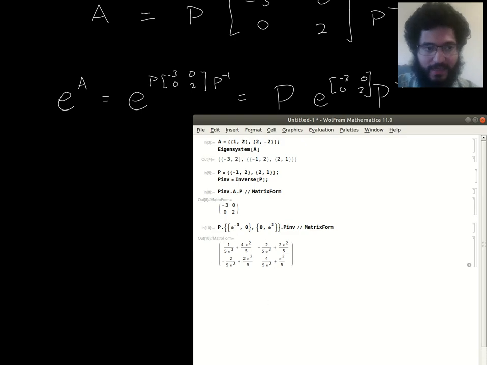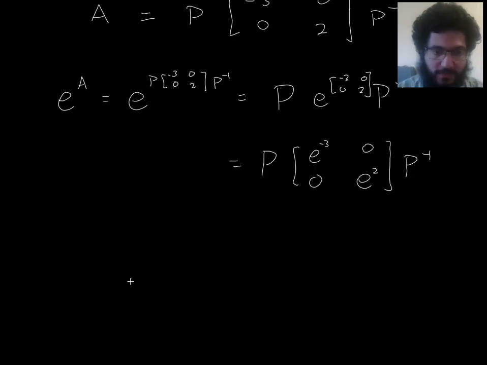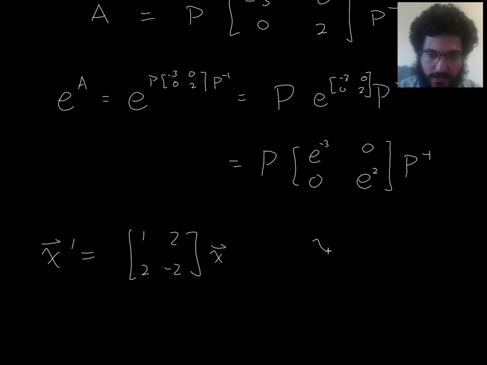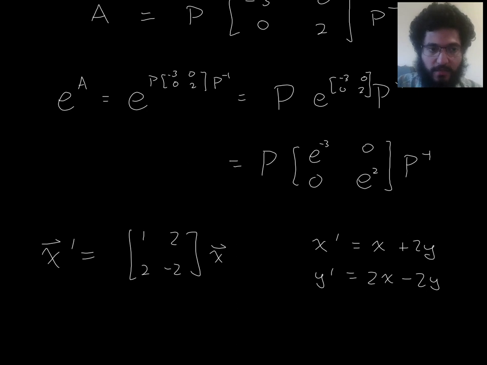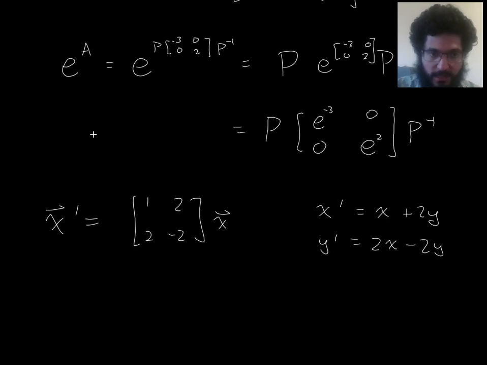So what does this achieve? This is telling us if we had x prime equals our original matrix here, 1, 2, 2, minus 2, x, if we had this differential equation, also known as this system, x prime equals x plus 2y, y prime equals 2x minus 2y, then the general solution is, well, I guess I didn't put t's there.